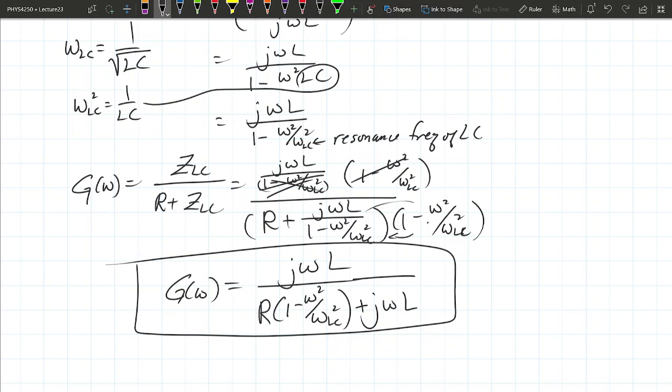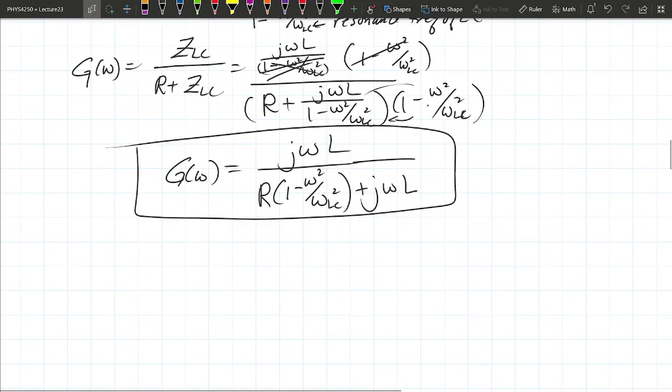You can probably simplify this a little bit more to just get the J in one spot, because having the J in one spot is nice since it tells you which part is imaginary and which part is real. I'm not going to do that because we're going to do a little bit more math with this.